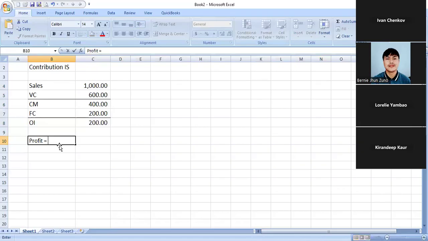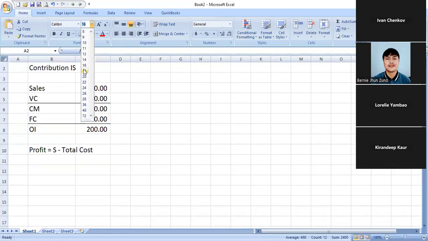If I want to calculate my profit, how do I get the profit? Sales minus total cost, correct? Make sense? Are you guys with me?